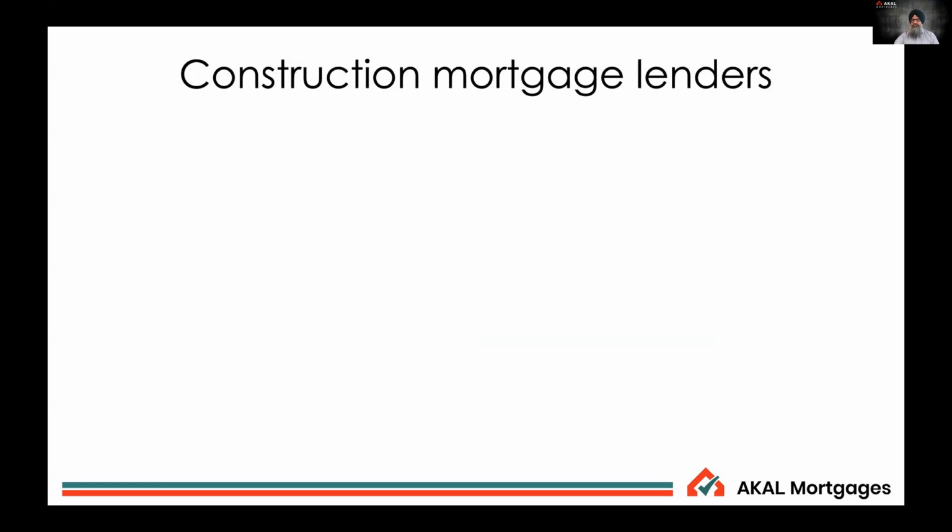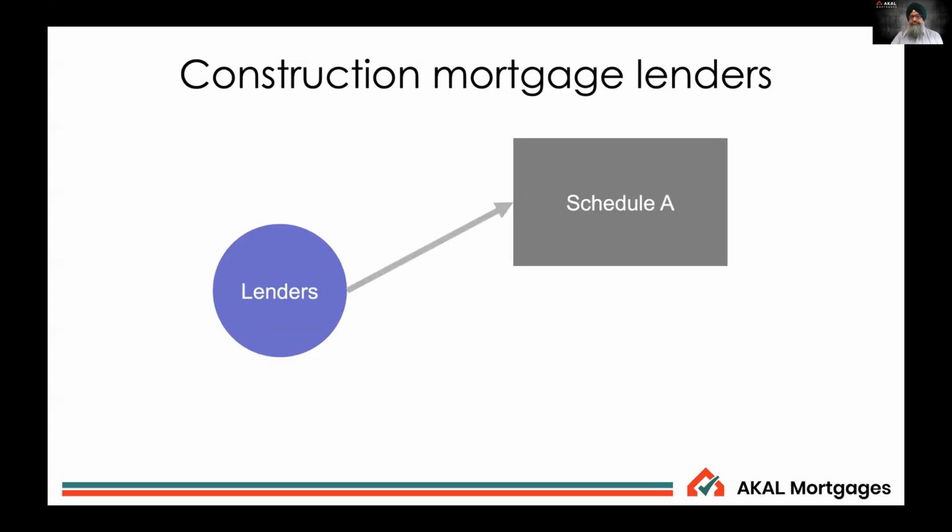So what are the different construction mortgage lenders? Schedule A lenders, guys, let me tell you one thing over here. During our last 21 years of mortgage brokering, we have never ever completed a single construction mortgage with any A lender, because of the red tape and the complexity.